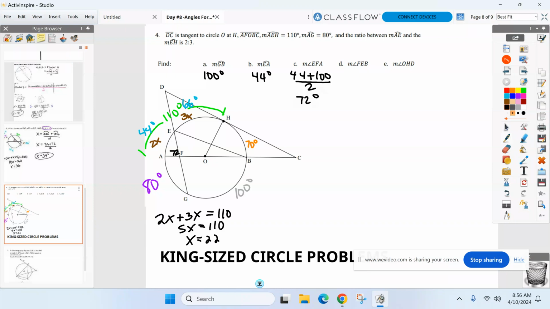Let's keep going. FEB. Everyone find FEB? We could also call it GEB. Inside or outside? If it's inside, it better be one of 3 types. Is that angle a central angle? Nope. Is it inscribed? Ding, ding, ding, we got it. But we don't know it unless we know our facts and vocabulary.